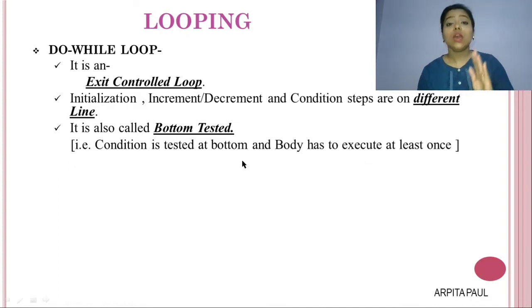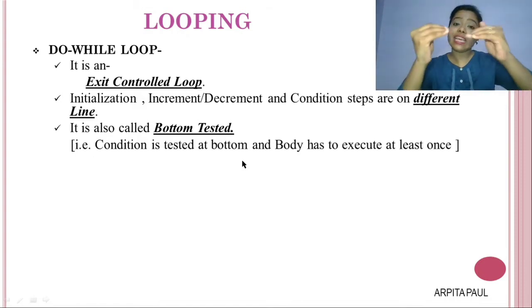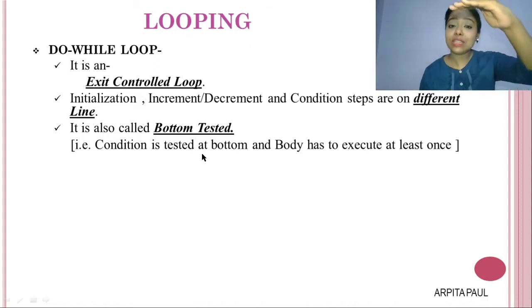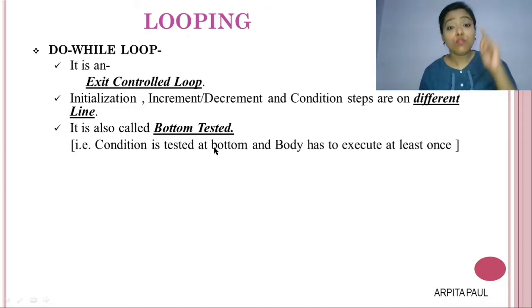Whatever condition we provide for other loops, we check the condition, then we execute the statement if the condition is true. But in case of do while loop, we check the condition at the end. Before that, we execute the statement. So the statement will be executed at least once. I will show you with a simple example how this actually works.